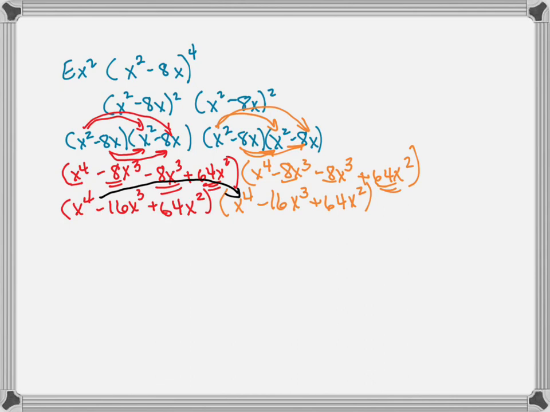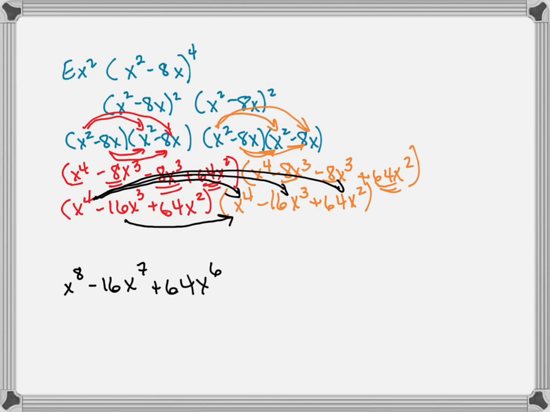So x to the fourth times x to the fourth is x to the eighth. X to the fourth times negative 16x cubed is negative 16x to the seventh. X to the fourth times 64x squared is 64x to the sixth.